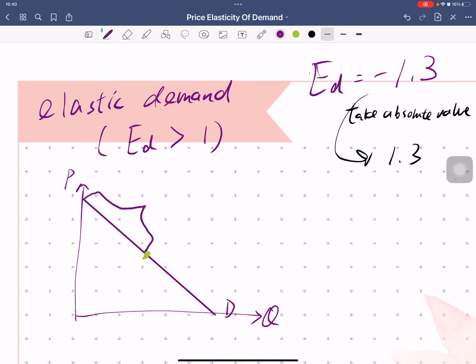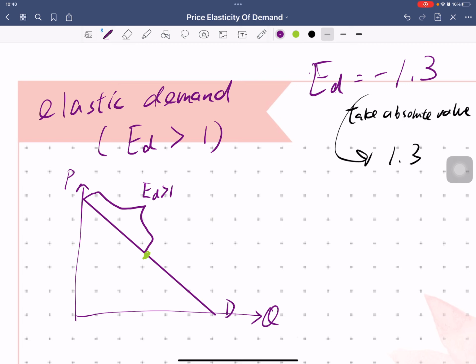It is the left top hand side of the demand curve. For this part, the price elasticity of demand is larger than 1. This is called elastic demand. So this is the first type of price elasticity of demand.